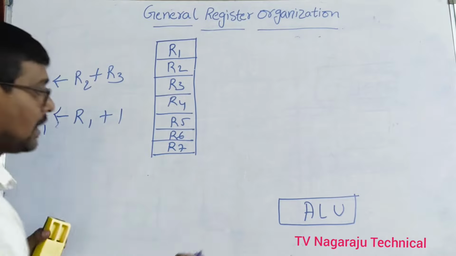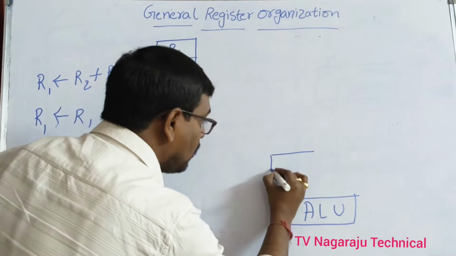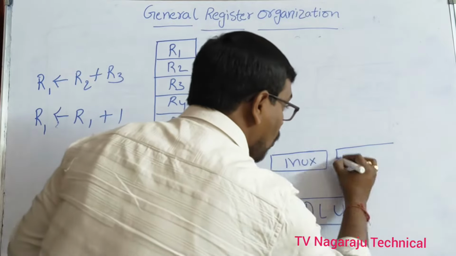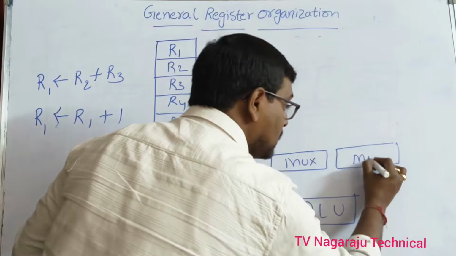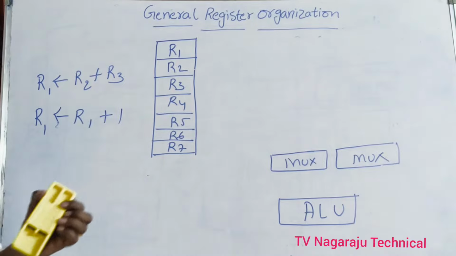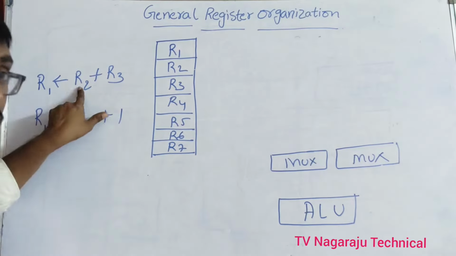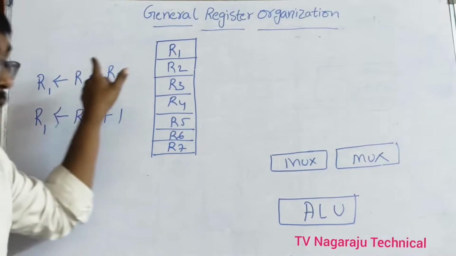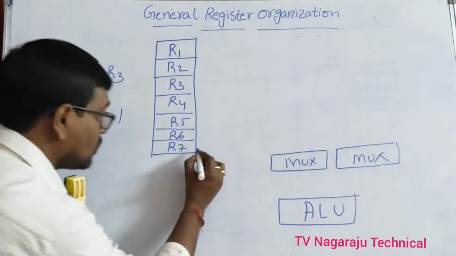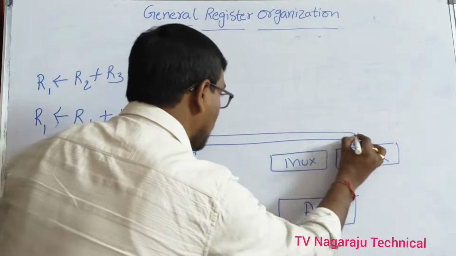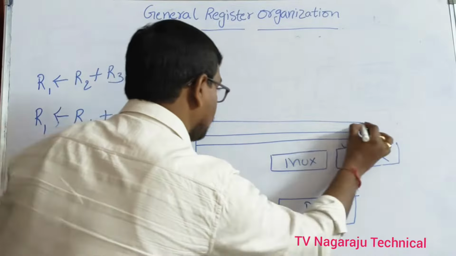Got it? For that purpose, what are we doing? I am creating multiplexers. So how many multiplexers? 2 multiplexers I created. One multiplexer provides one register, and another multiplexer provides another register. So see this one. These registers are connected to the multiplexer.